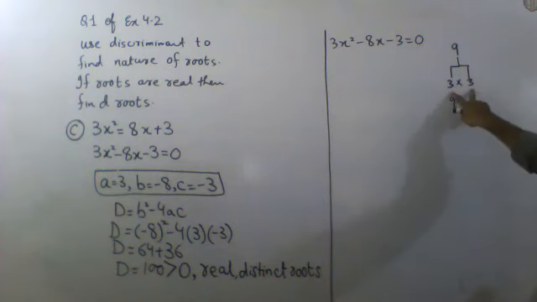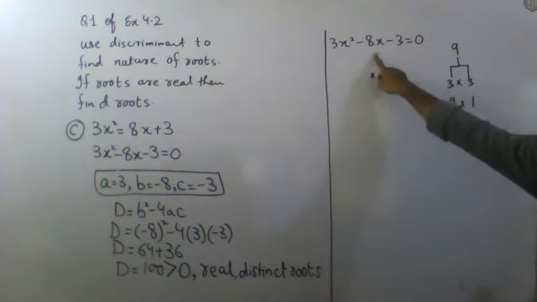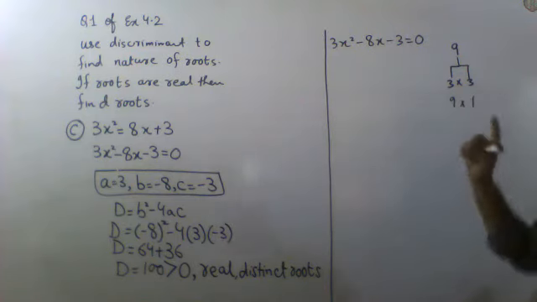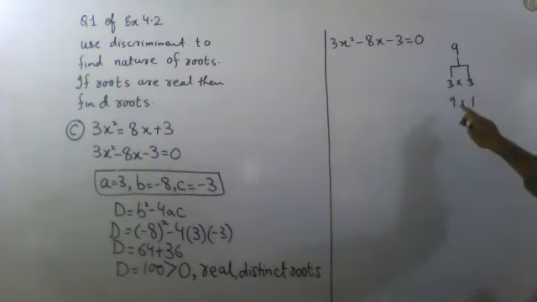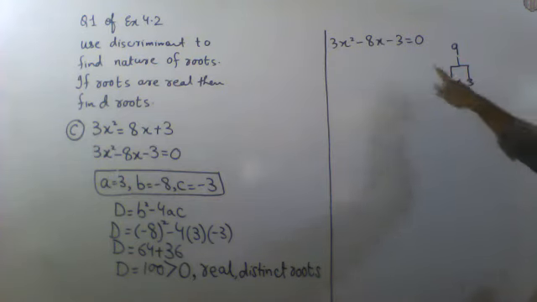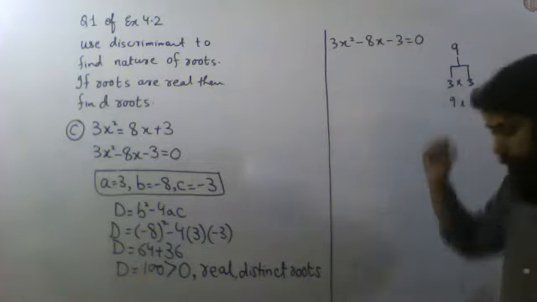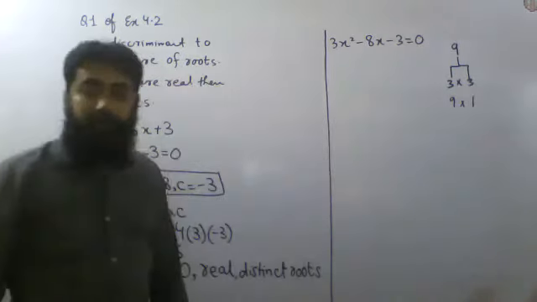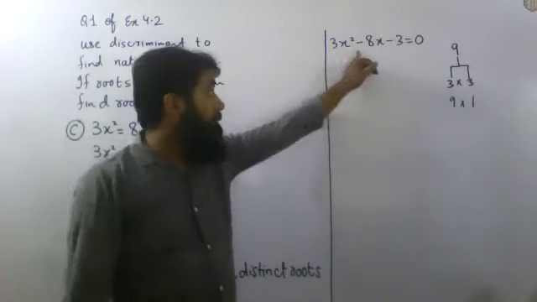Now 3 into 3, by adding or subtracting these two, I can't make it 8. Now 9 and 1. If I subtract 9 minus 1, I can have 8. So I'm going to use these two for middle term breaking.